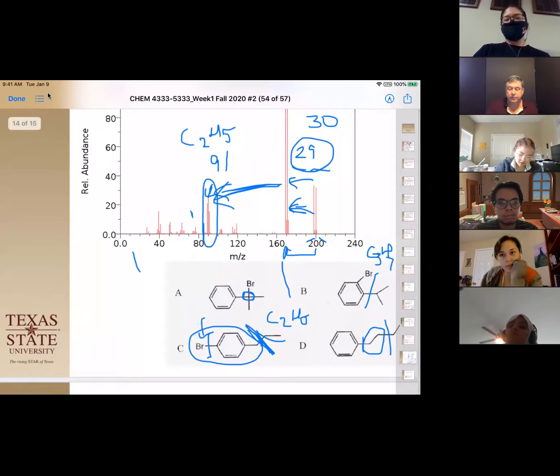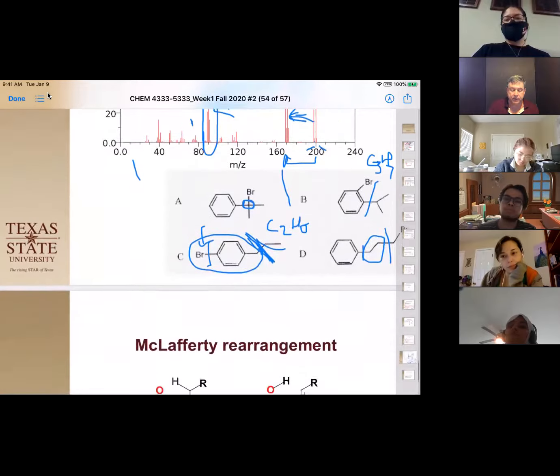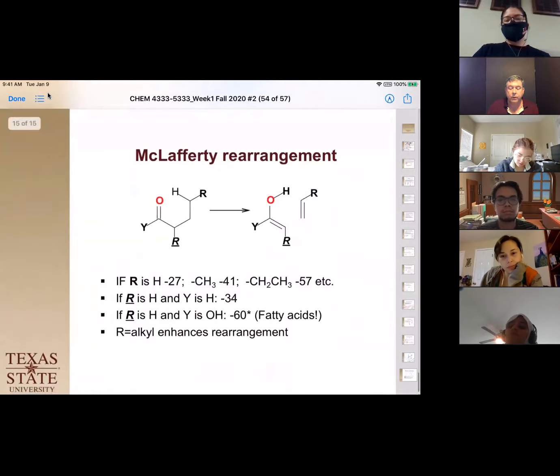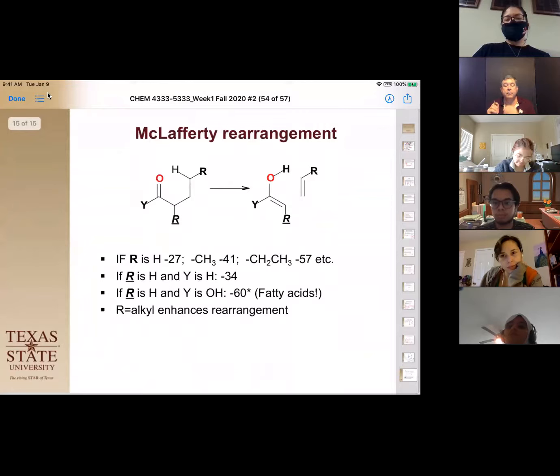We'll again do more of this in an exercise. Right here, I want to do one more little demonstration of the McLafferty rearrangement, because we want to look for certain fragments coming off.